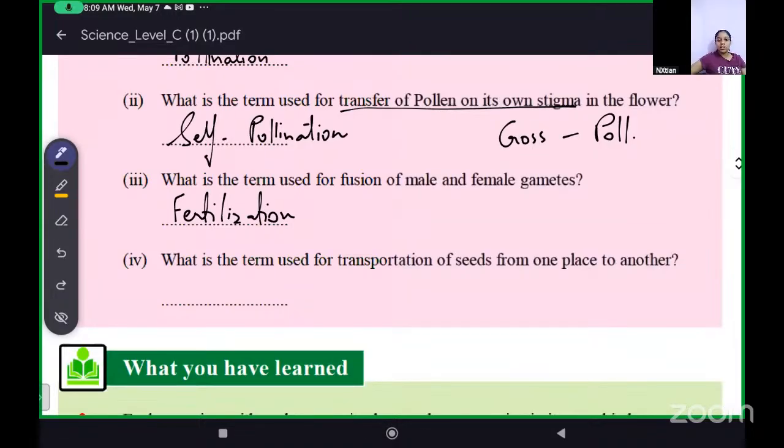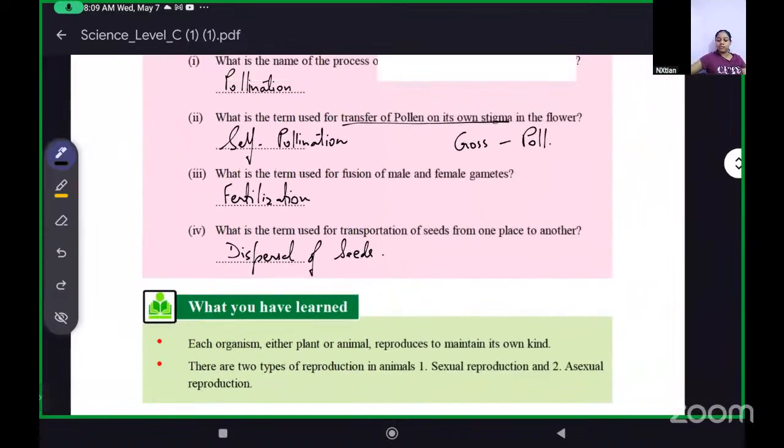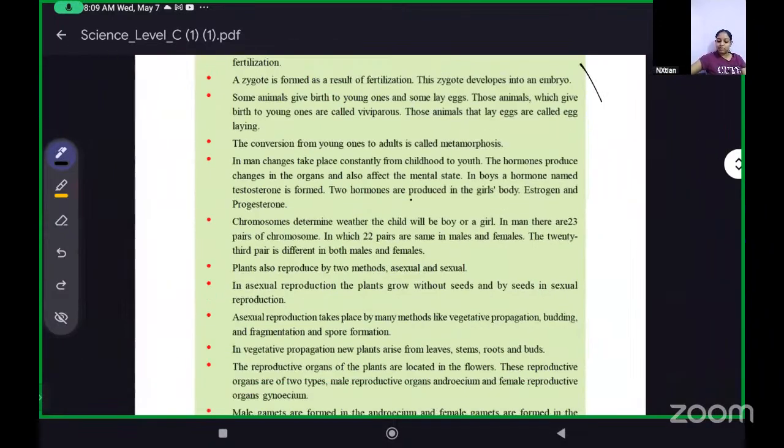Dispersal. Yes, Abraham. Dispersal of seeds. So with this, we have finished with the chapter.